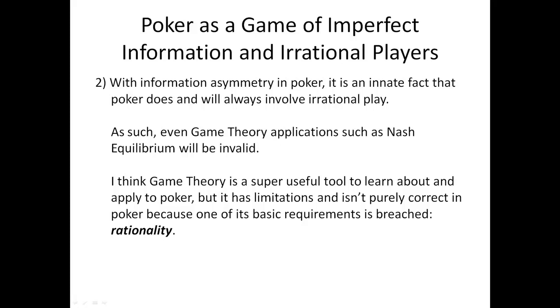But the more important factor is to remember it assumes that everybody in the game is rational, and the whole nature of poker is that with imperfect information, the way that we can beat other players is because, based on the information that we're all given, which is limited, we have different perceptions or different levels of ability, and inherently that means that game theory is not going to be correct because some players are playing better than others, quite simply, and nobody's subscribing to an equilibrium, otherwise there'd be no money. All the money would be passed around equally to the sites that we pay rake to.